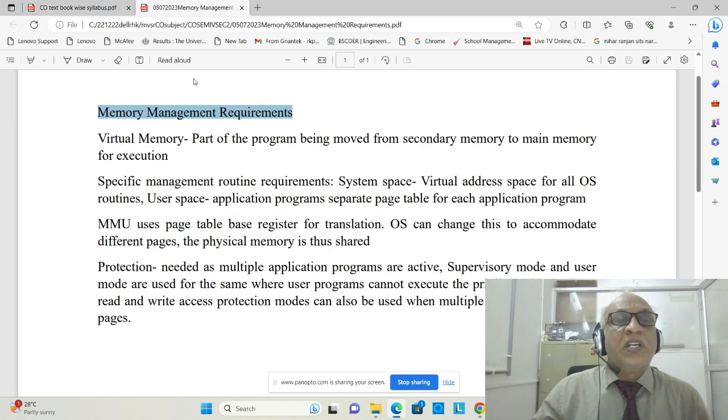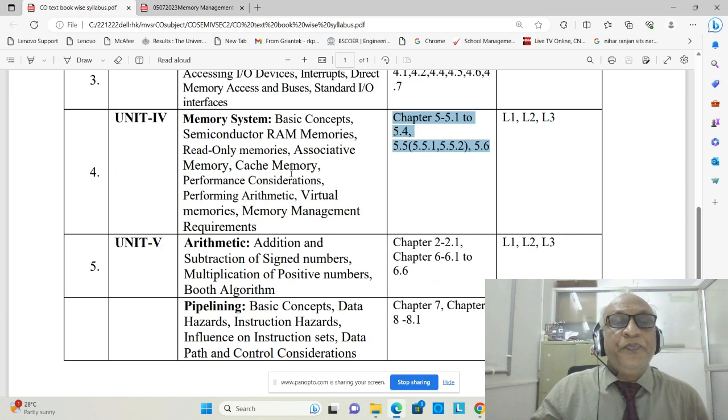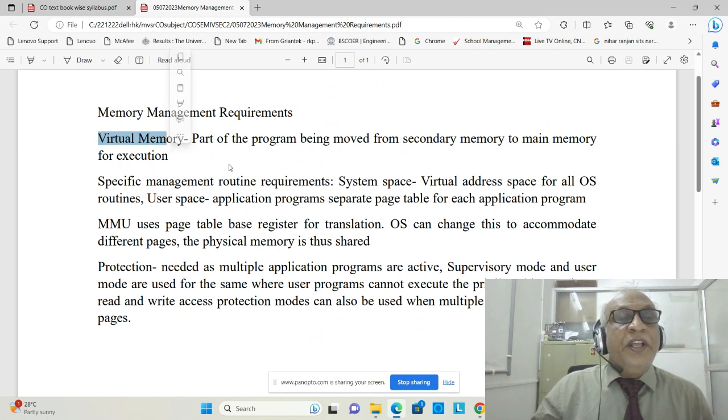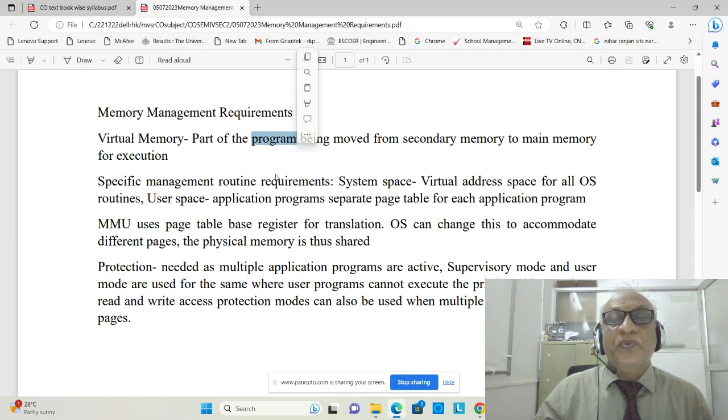Now, coming to this topic, memory management requirements, it came immediately after virtual memory. So there is a linkage between the virtual memory topic and memory management requirements. Let us try to connect these dots. What is virtual memory? When we implement our virtual memory concept, a program which needs to be executed by the CPU has to be brought into the main memory.